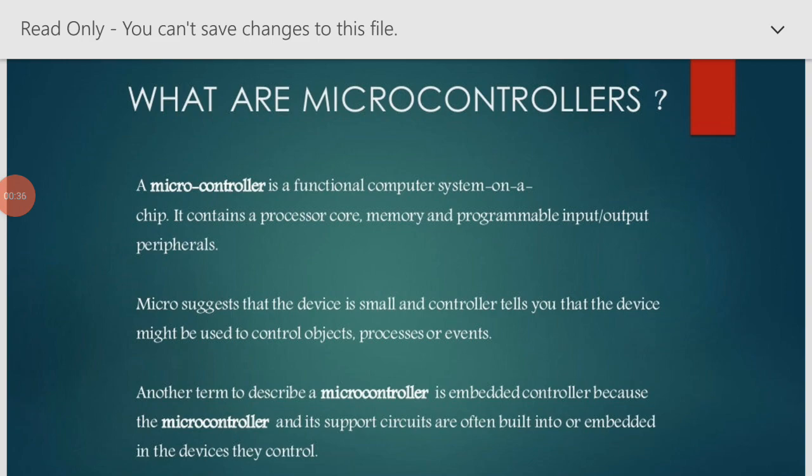What are microcontrollers? A microcontroller is a functional computer system on a chip. It contains a processor core, memory, and programmable input-output peripherals.